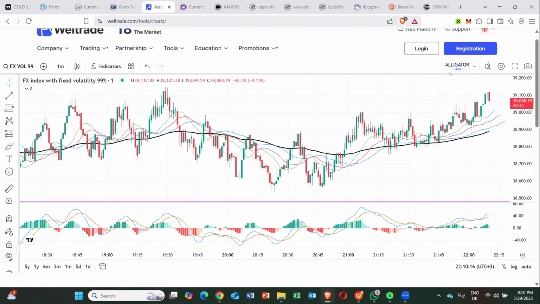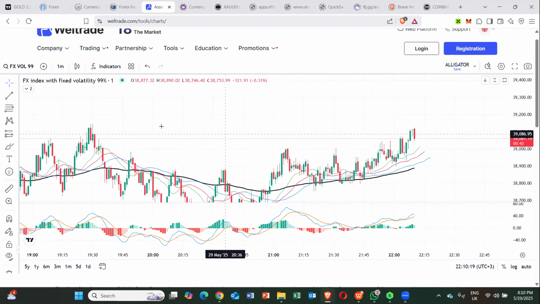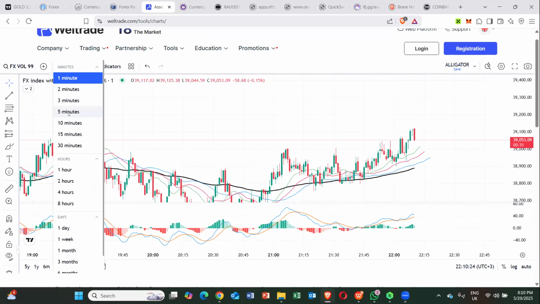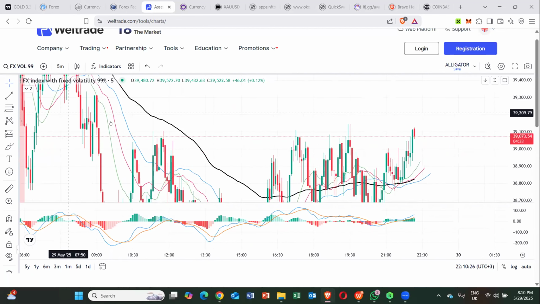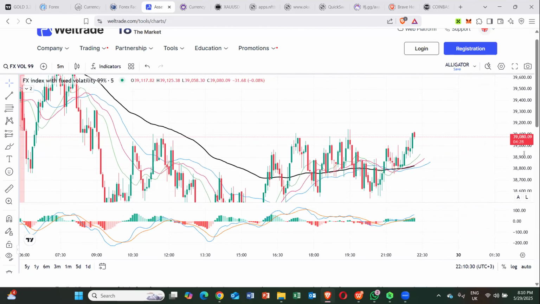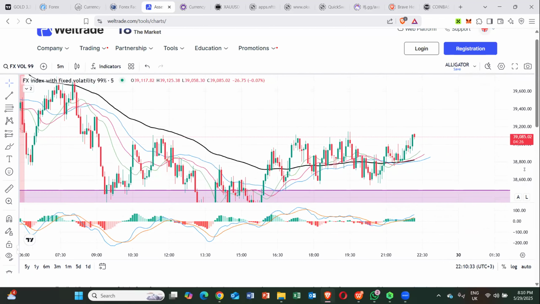Okay, so this is 1 minute. Let me go to 5 minutes and see. So this has actually moved. That's good. Although it made me close two positions because the market was beginning to become choppy for a while, and I decided to close.